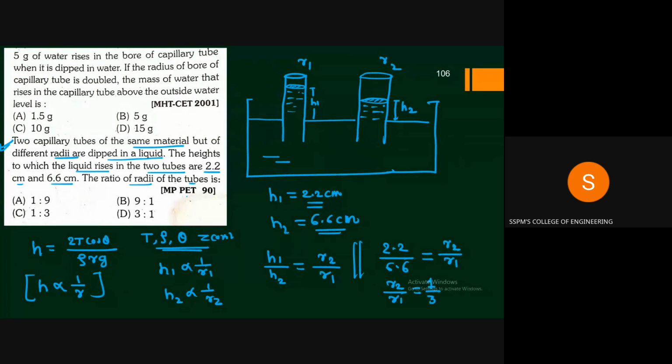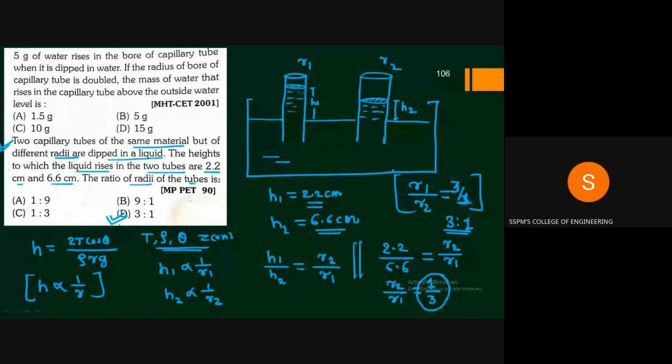The ratio that we need is r1 upon r2. Sorry, this is 3 upon 1, we just have to take the inverse. So r1 upon r2 is 3 is to 1. So the correct option is option D.